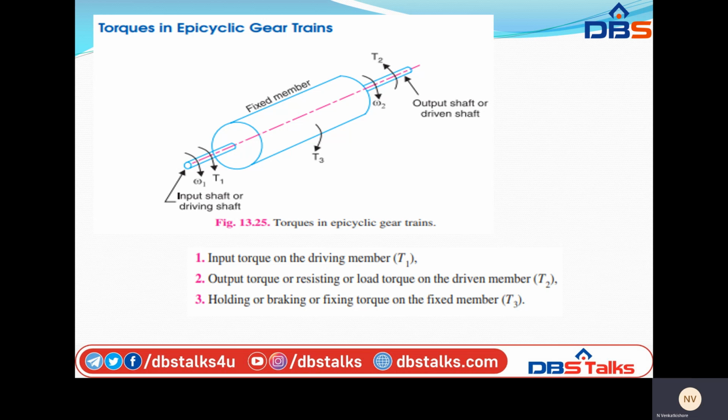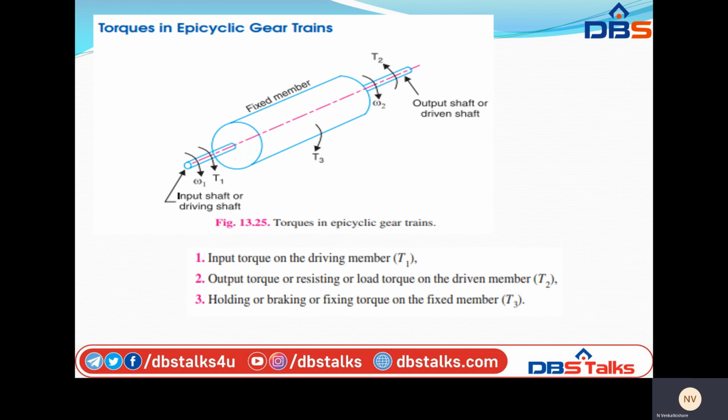When the rotating parts of an epicyclic gear train have no angular acceleration, no angular acceleration means the gear train is kept in equilibrium by three externally applied torques.